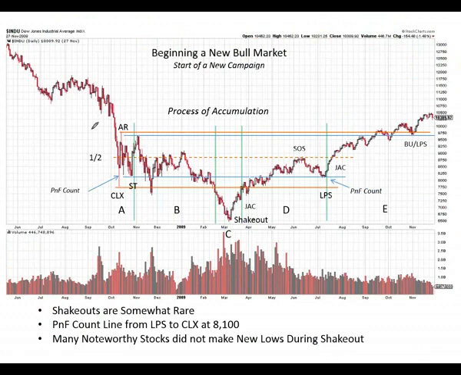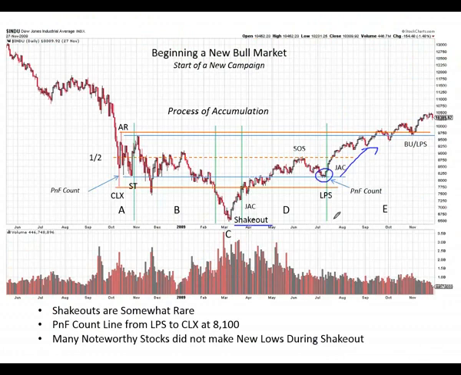And you can see here that basically we're identifying on this vertical chart the last point of support, which is that point where we have one last pullback before jumping out and starting the uptrend. And this comes after a very dramatic shakeout in phase C. And that shakeout is unique in my experience because shakeouts are more common 100 years ago in the big indexes than they are today.